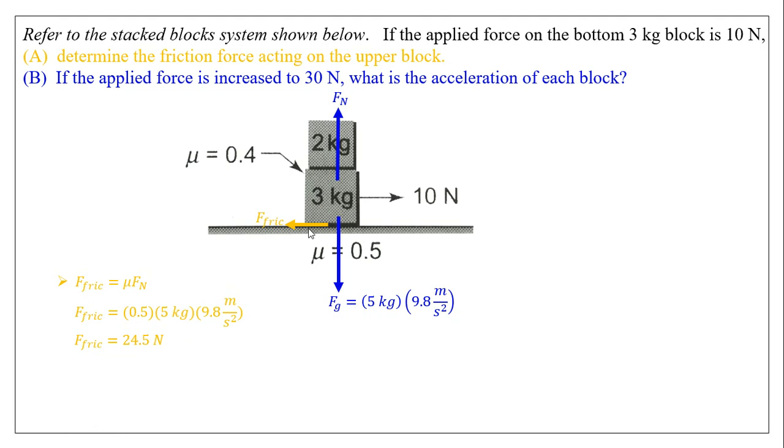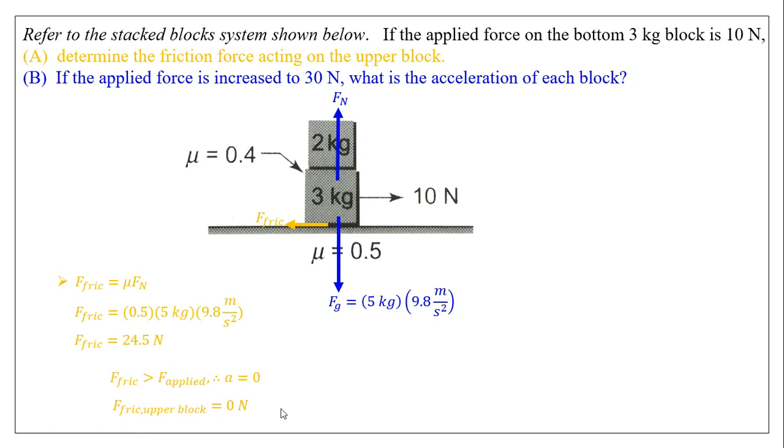Well, without overcomplicating it, I know that 24.5 going left is greater than 10 pulling to the right. So therefore, the force that's being applied of 10 newtons is not enough to get this system moving. Because the system's not moving, I made a conclusion here that the force of friction for the upper block is equal to 0. It's equal to 0 because it's not moving at all.